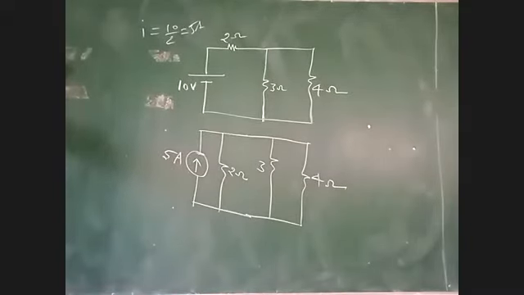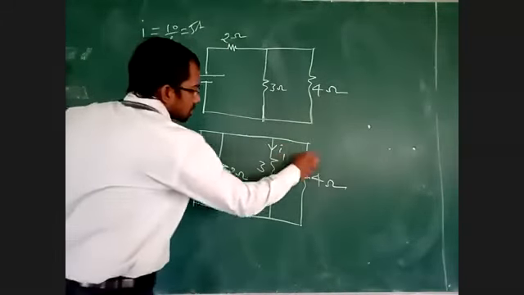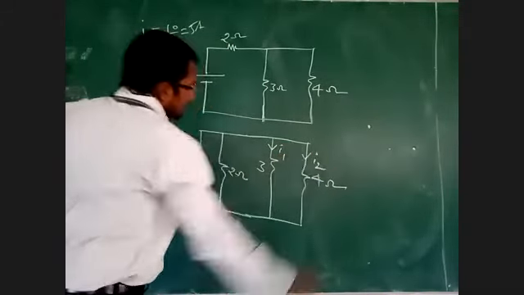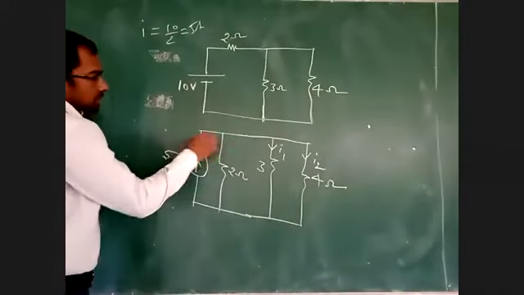Now I want the current in 3 ohms and 4 ohms. Let us assume I1 and I2.